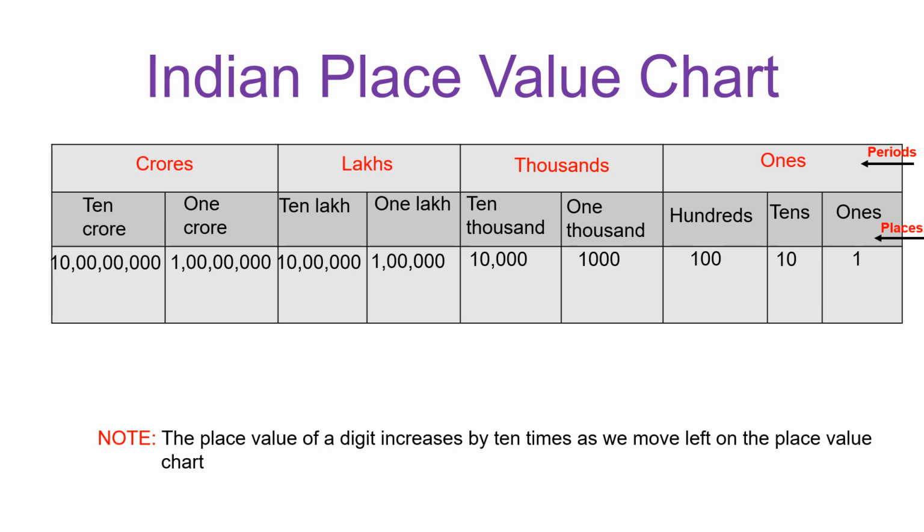The place value of a digit increases by 10 times as we move left on the place value chart.